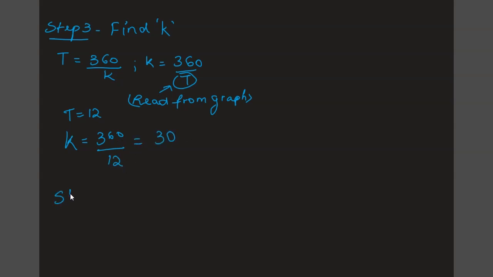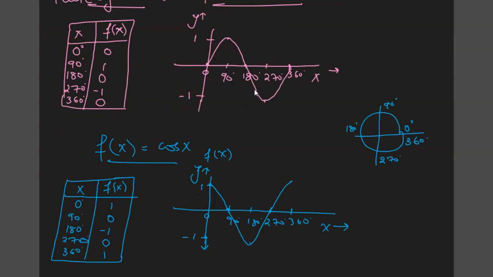Now the next step is step number 4. Determine your parent function. We'll go back to the graph and understand how to determine our parent function. As we know, our parent sine function graph looks like this. When a is positive, we have the first point at 0, which is the midpoint, then max, then mid, then min, then 0.